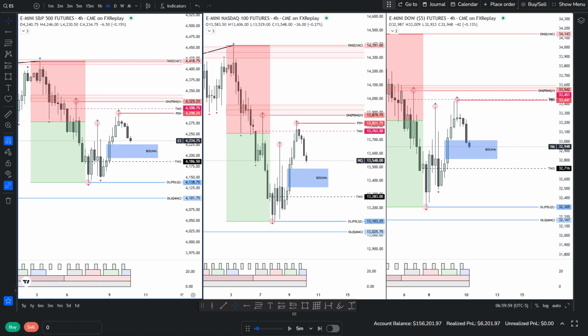Let's not do that. Across all three members, this has formed above, excuse me, the true weak open, supporting the idea of high probability shorts.